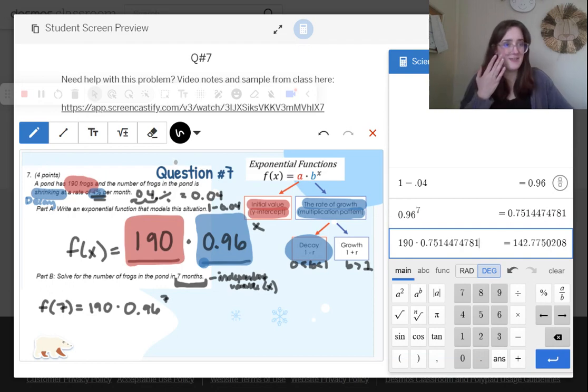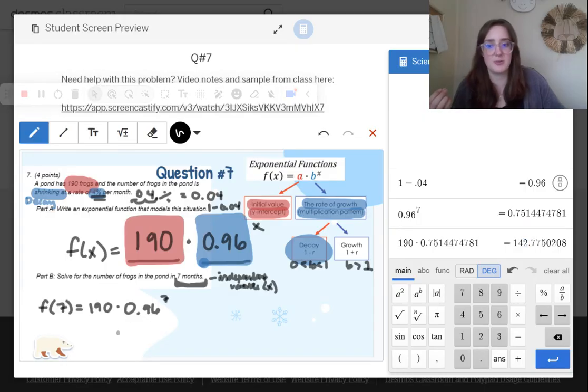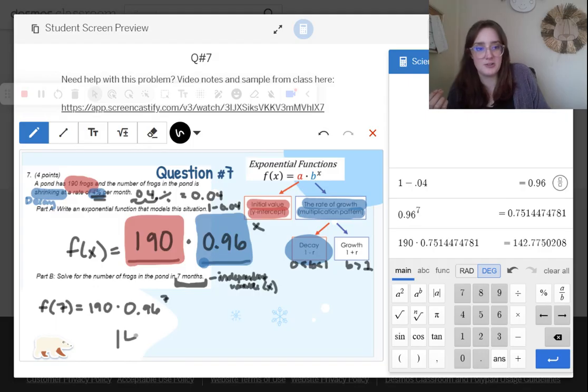We don't have 0.7 of an animal, right? So we're going to round to the whole number, the ones place value. So we're going to say about 143. 143 frogs. Because we have to have our units, 143 frogs, and we'll box.